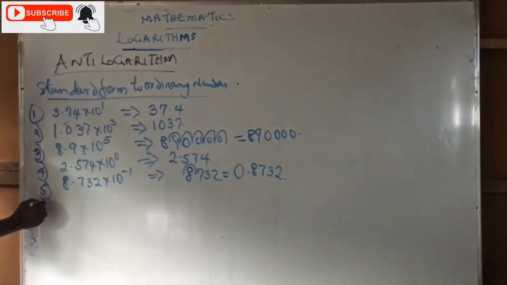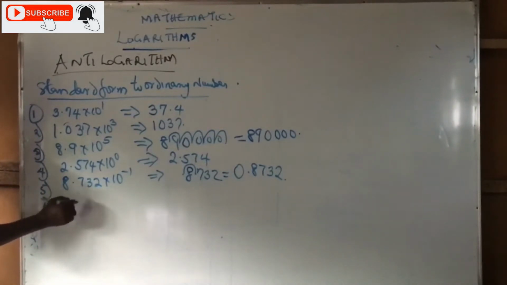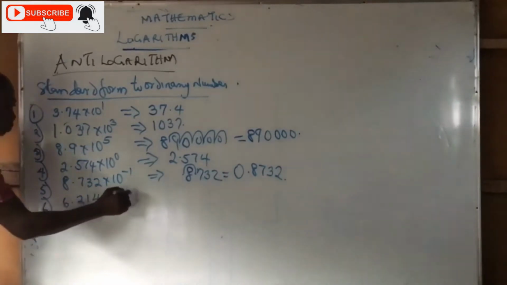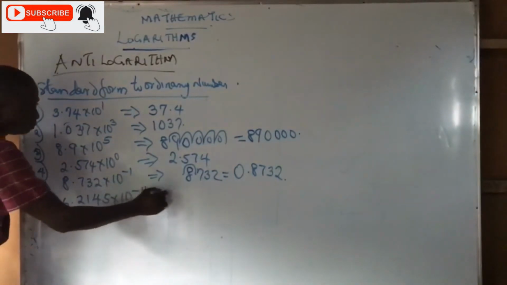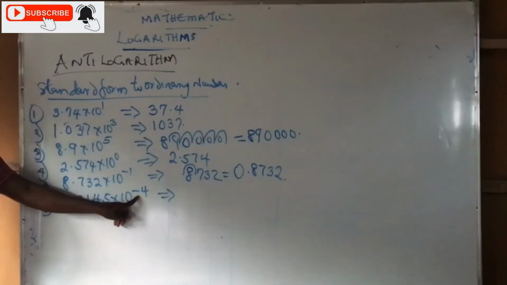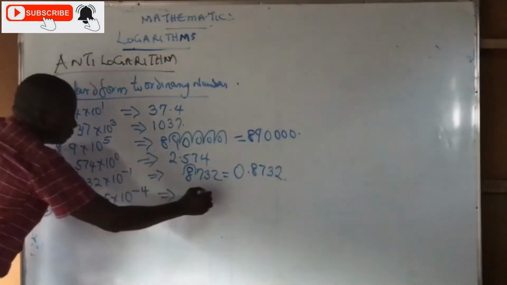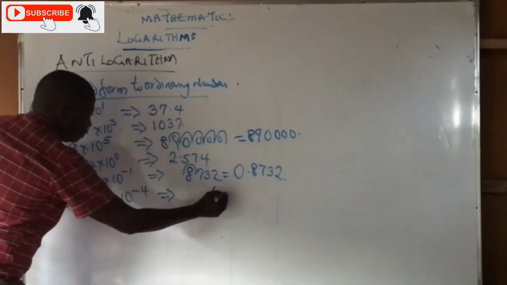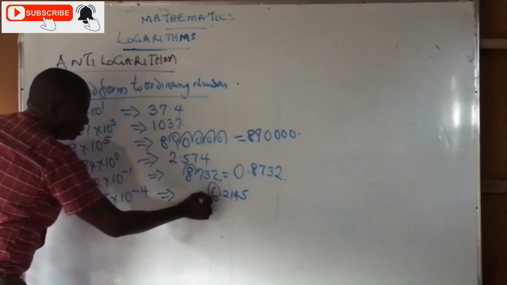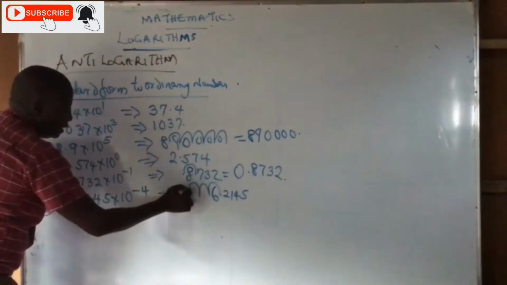So number 6, when you have 6.2145 times 10 raised to power minus 4, what do we do? This one is a negative. The decimal point is shifting backward. 6, 2, 1, 4, 5, it means 1, 2, 3, 4.